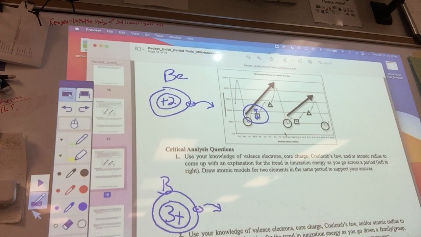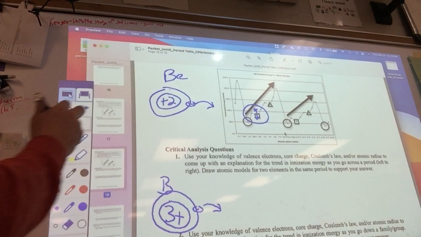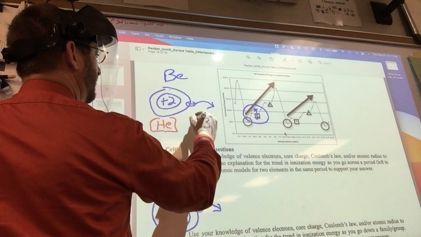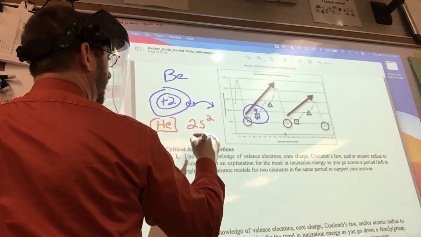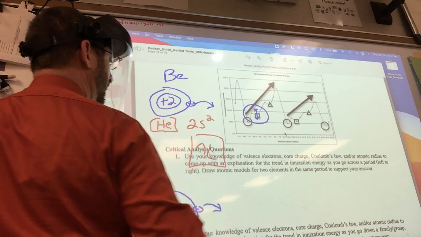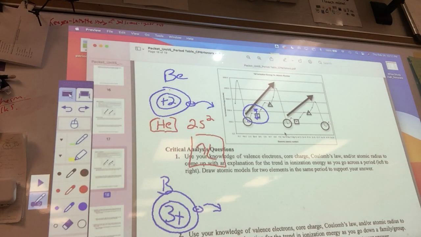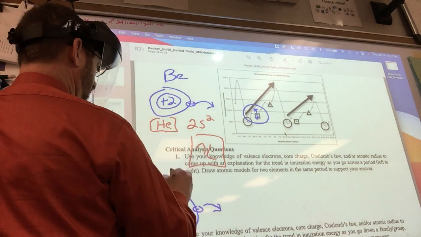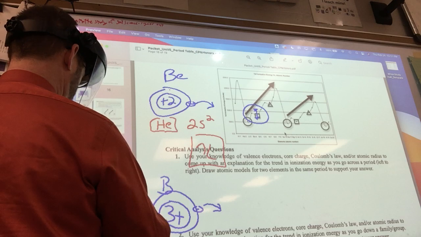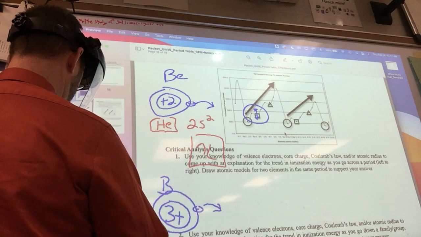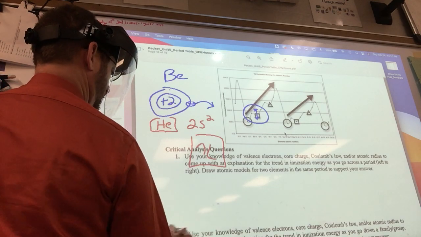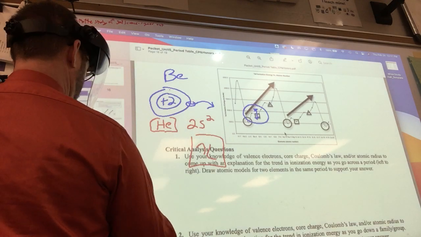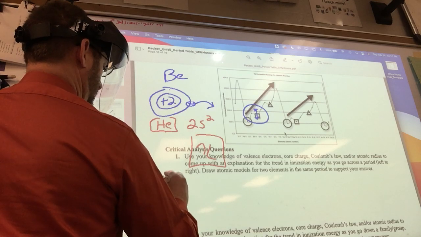So I'll get you started with helium. What are you going to add after helium? 2s2, good. 1 box, 2 electrons. Perfect. Group 4, how are you going to draw boron? 2s2.